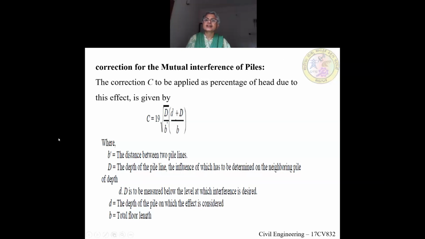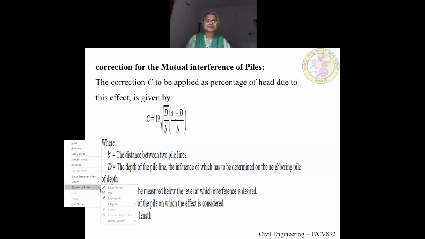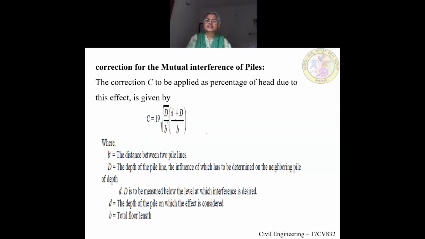So let me take the diagram to explain more clearly. If this is the profile, this is the weir, and there's an upstream pile here, an intermediate pile here, and a downstream pile here. I'll call these pile 1, pile 2, and pile 3.